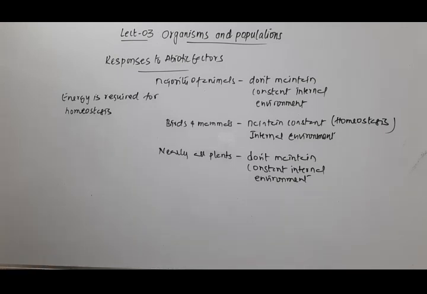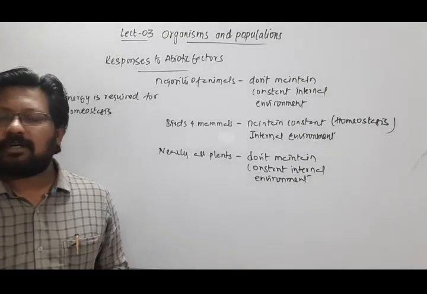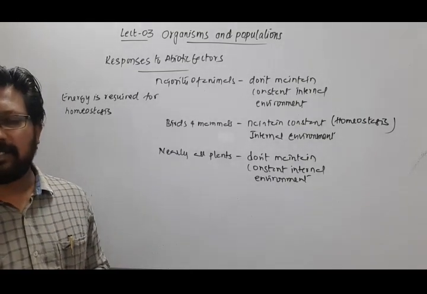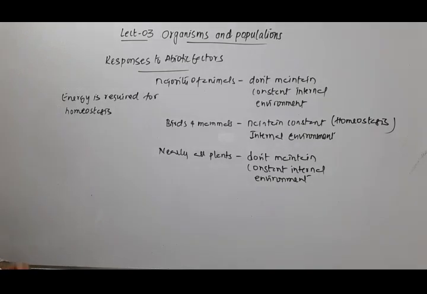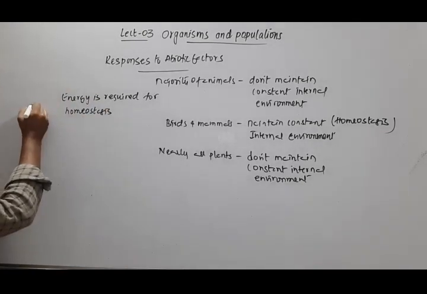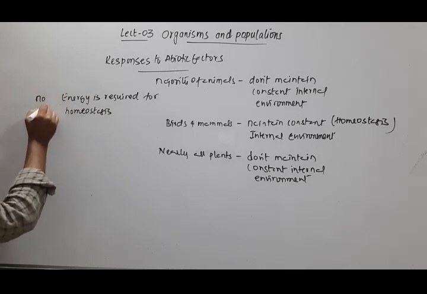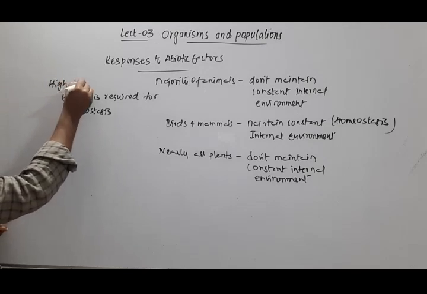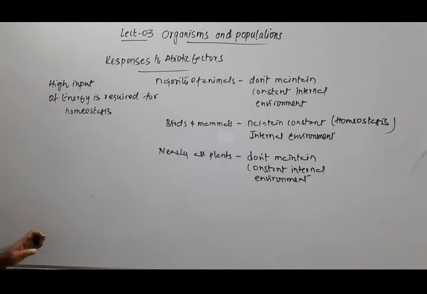Here the birds and mammals were able to get more energy, so they were able to maintain a constant internal environment, whereas most of the other animals, and almost all plants, are not able to maintain homeostasis. A high input of energy is required to maintain a constant internal environment.